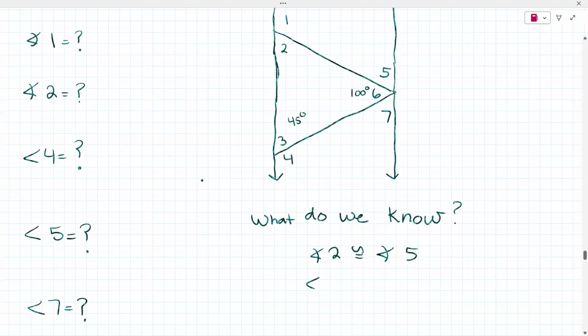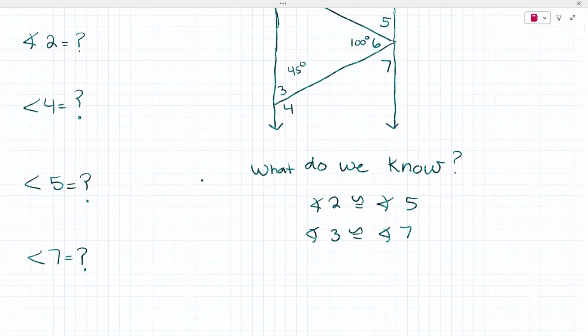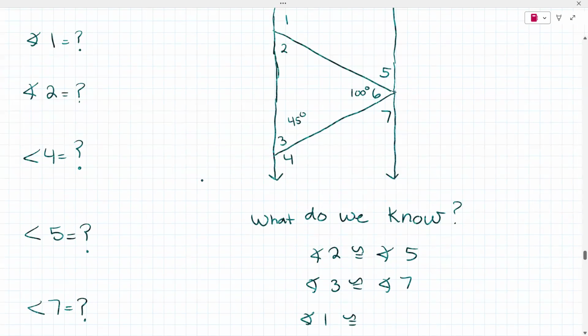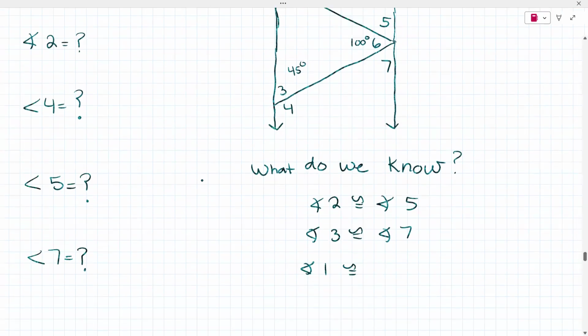We know that angle 3 is congruent to angle 7. What would be the reason? Because of alternate interior. And we also know that angle 1 is equal to the sum of angle 3 and angle 6, right?